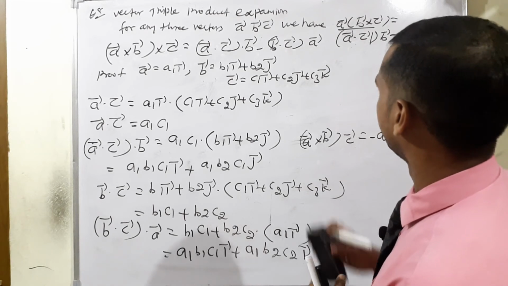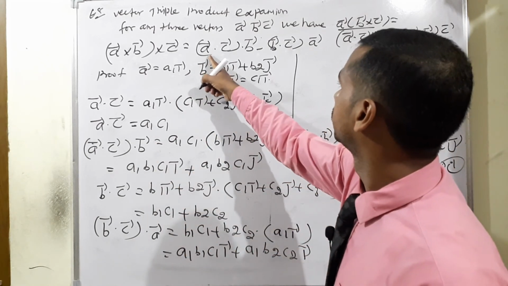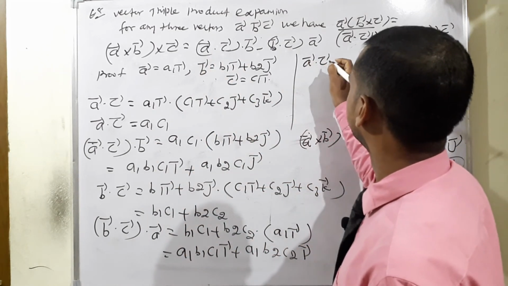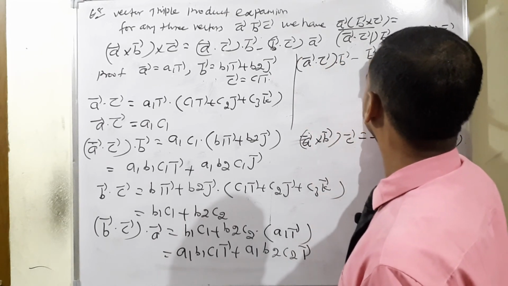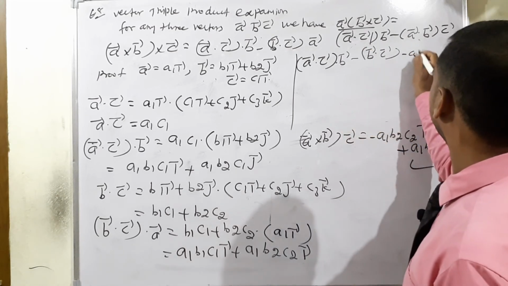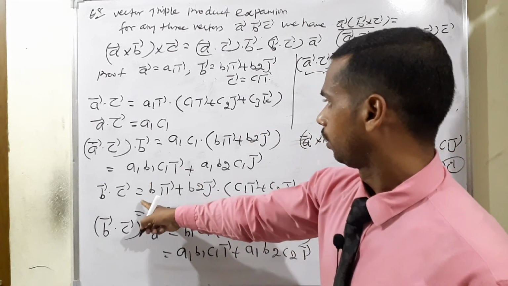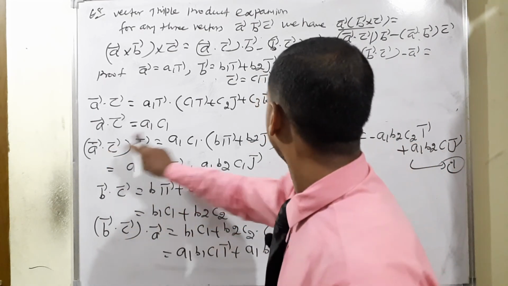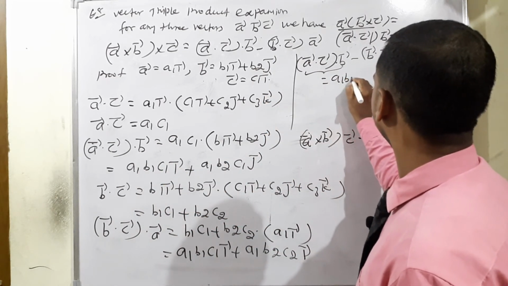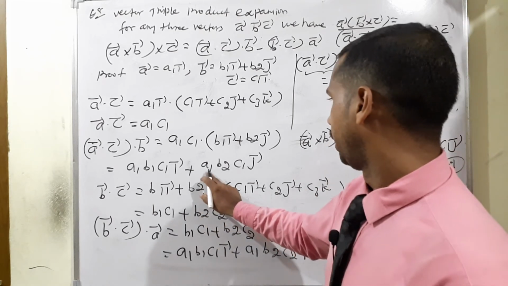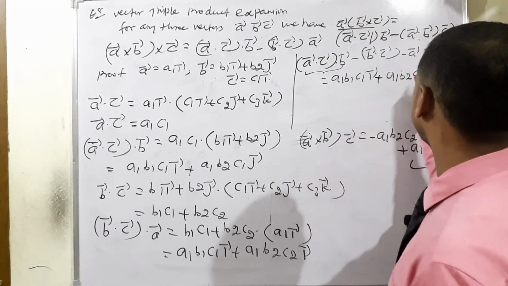So look at this very carefully. The minus sign means, what is the term actually? On the right hand side, A vector dot C vector dot B vector minus B vector dot C vector dot A vector. The first one we found: A vector dot C vector dot B vector is A1 B1 C1 I vector plus A1 B2 C1 j vector.